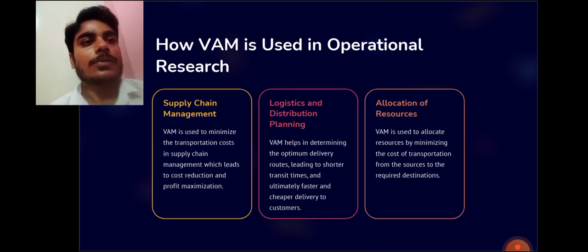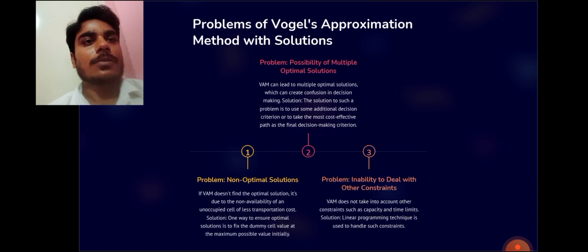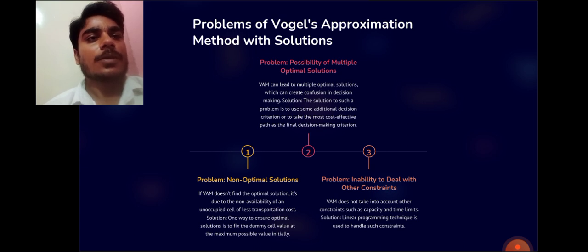After the usages of VAM, we are going to discuss problem solving of VAM through solutions. First, we are going to discuss the possibility of multiple optimal solutions. VAM can lead to multiple optimal solutions, which create confusion in decision making.